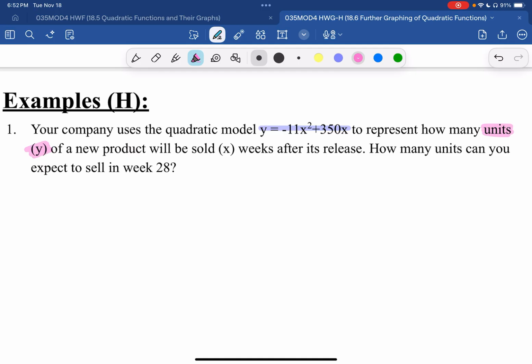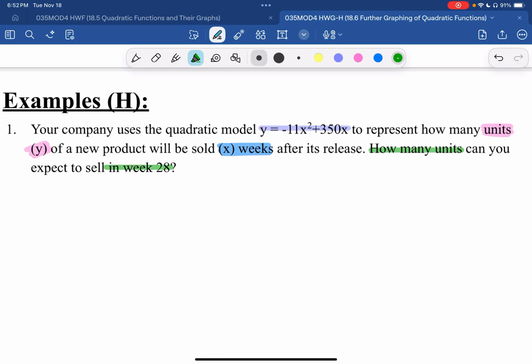So y is the number of units of a new product that will be sold. X is the number of weeks after its release. The question says, how many units can you expect to sell in week 28?